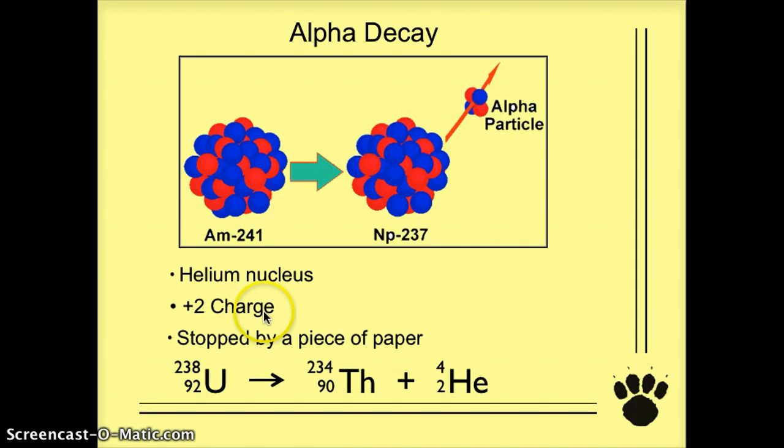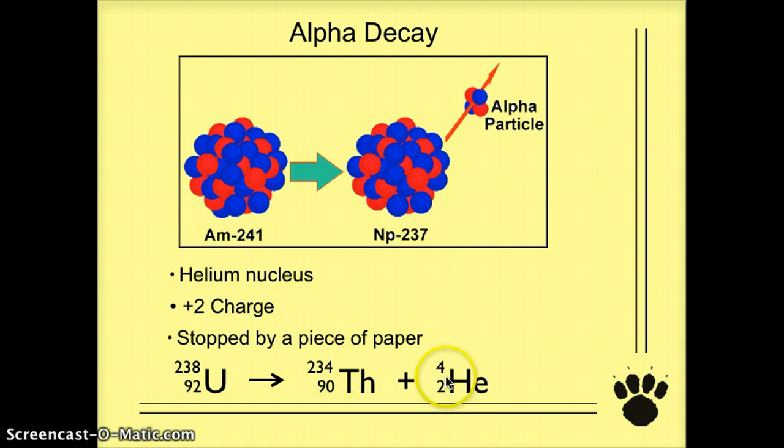Here's an example. Again, this is the one from our notes. You aren't going to have to come up with what type of decay most of the time in a problem. You're going to be told. So you need to know alpha decay is the production of a helium nucleus. Helium has a mass of 4 and it has 2 protons. So that's where our numbers are coming from.